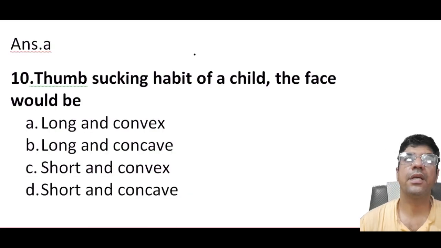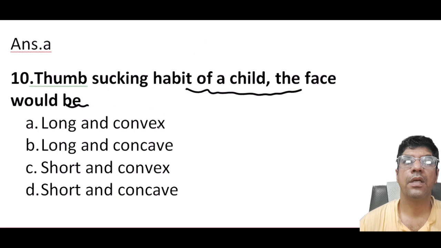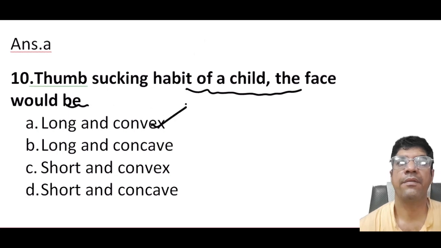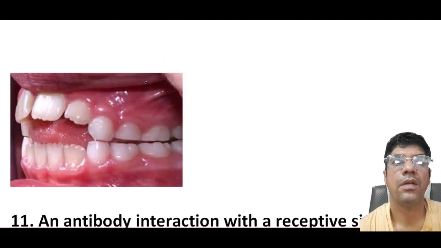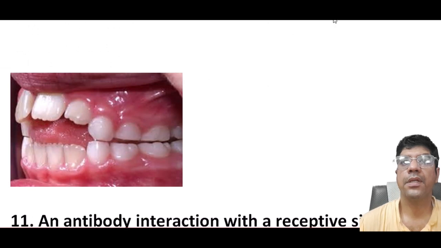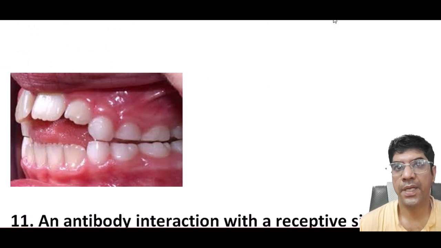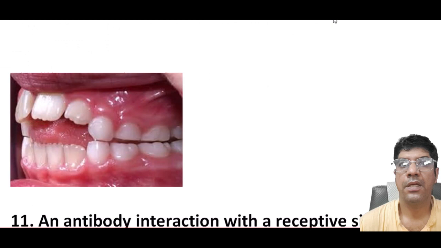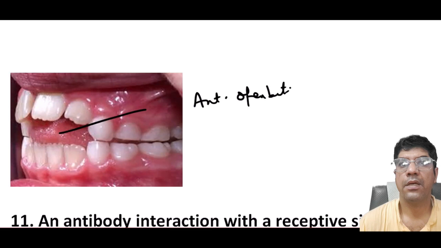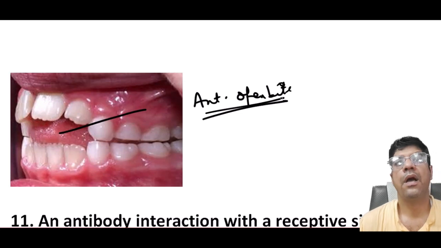Now for the thumb sucking habit of a child, the face would be, the answer is, long and convex. Remember what the effects of thumb sucking are. There you will see an anterior open bite, where the upper and lower front teeth do not touch when the mouth is closed.